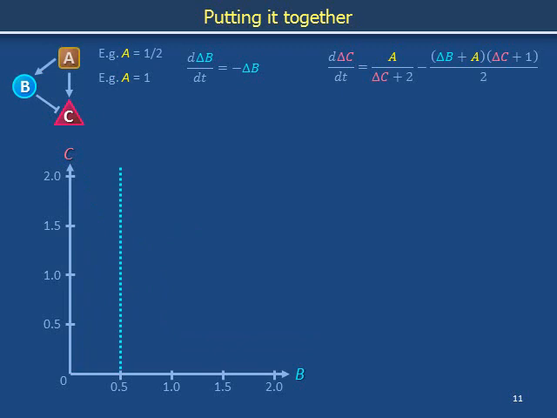A also directly activates C, sustaining some level of C. The nullcline for C decreases with increasing B, owing to the inhibitory effect of B on C. The critical point when a equals 1/2 is here. Eigenvector-eigenvalue analysis on the first pieces of a Taylor expansion of the differential equation system, or a so-called linearized system, indicates that we have a stable node.